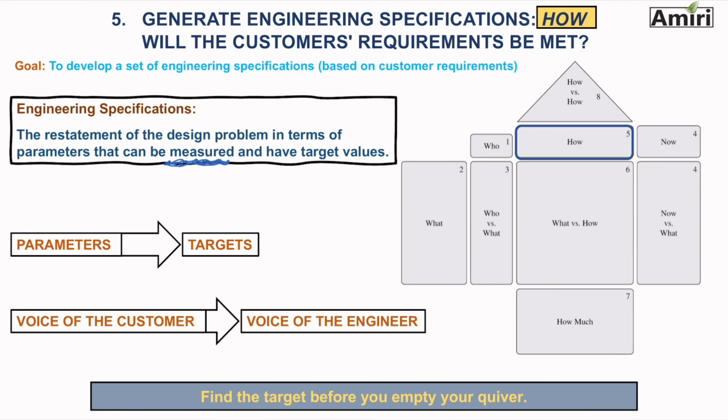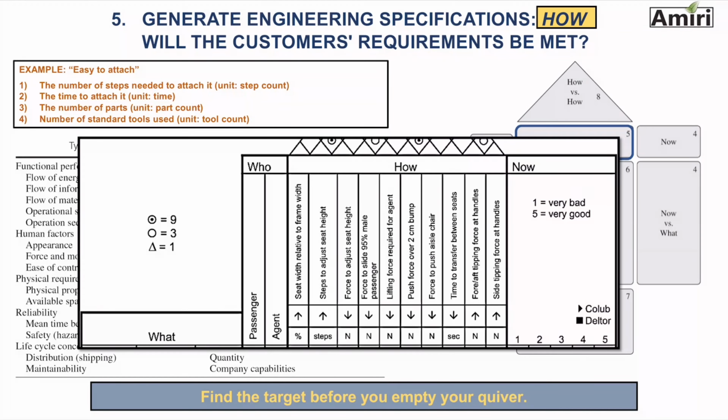If you look at the example we have in this lecture, I've enlarged it a little bit. For the set of customer requirements that they had, they came up with this set of specifications listed here: seat width, steps to adjust, force to adjust, force to slide, lifting force, push force, and so on.